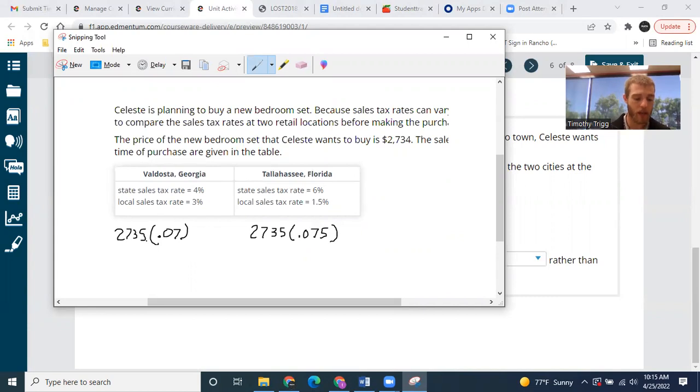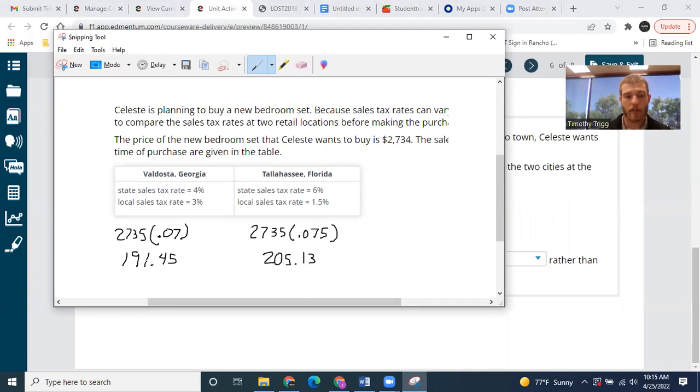So let's go ahead and multiply that together. So here, the amount of tax would be $191.45. Here, the tax would be $205.13, rounded to the nearest cent.